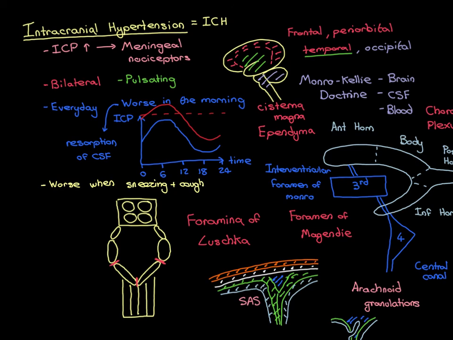Now, why is that? Well, it's because when you sneeze or cough, what happens? In the trunk of your body, the pressure inside the trunk goes up when you sneeze and cough because you're trying to expel air out of your lungs, and to do that you force the pressure in your trunk, the major portion of your body, particularly in your chest. You're going to force that pressure upwards.